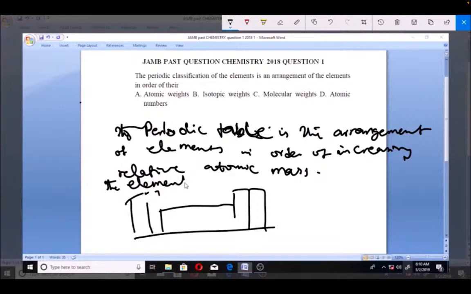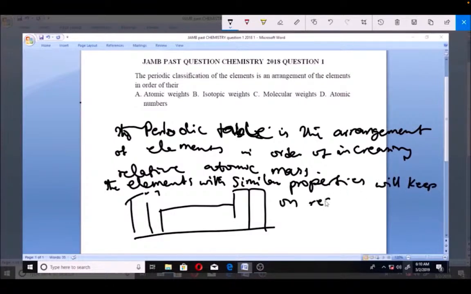The elements with similar properties will always keep on recurring at regular intervals, and these regular intervals are called periods. So you have the periods and the groups.